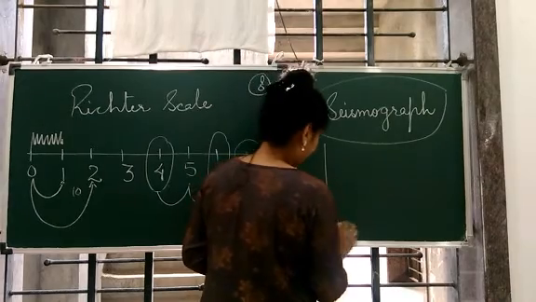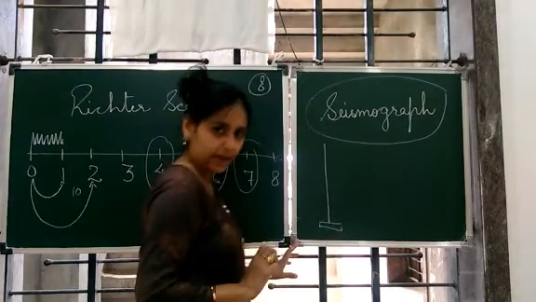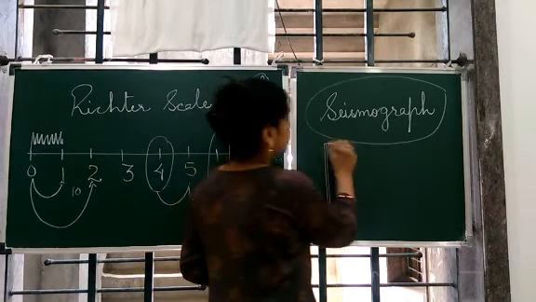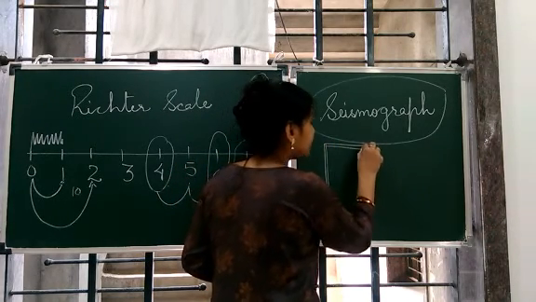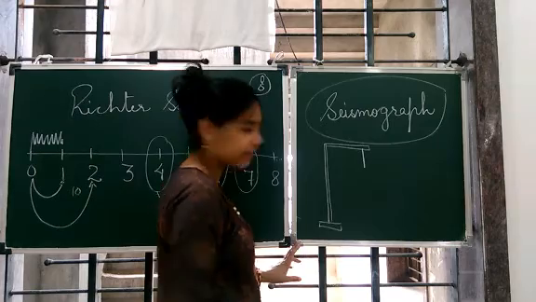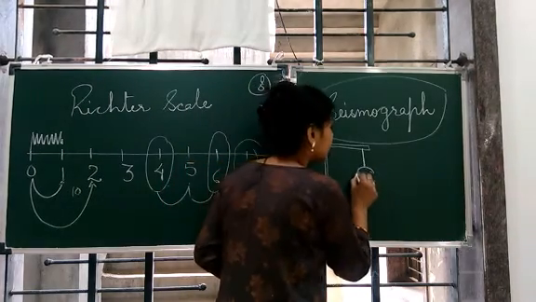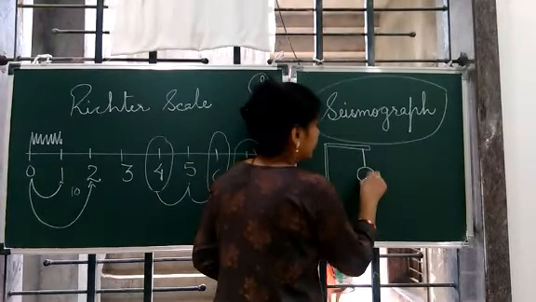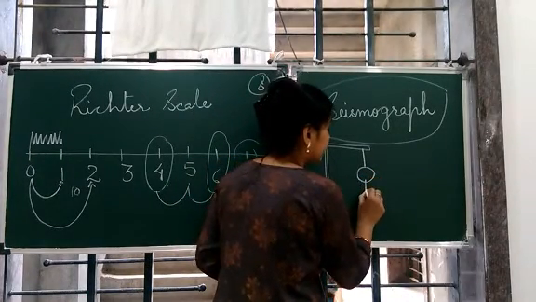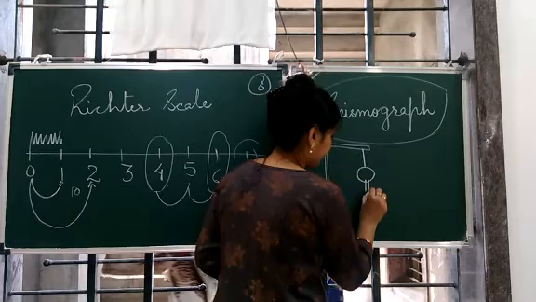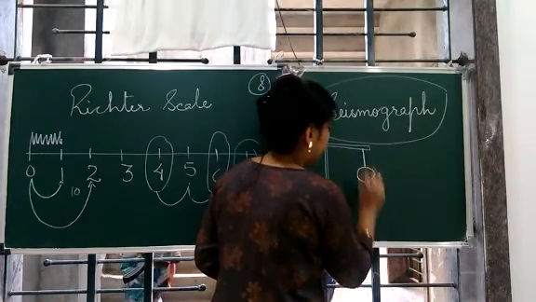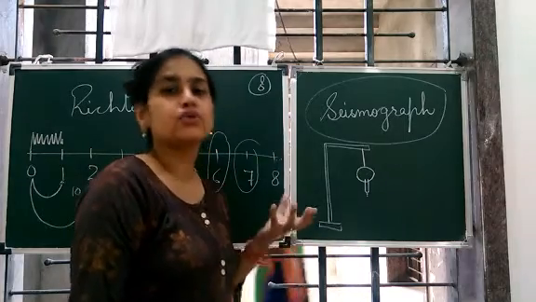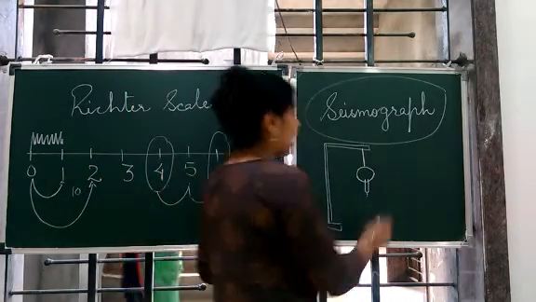The seismograph is a kind of device which has a metal stand, then it is connected to a metal rod. This metal rod is connected to a metal pendulum. Then this pendulum is connected to a pen.